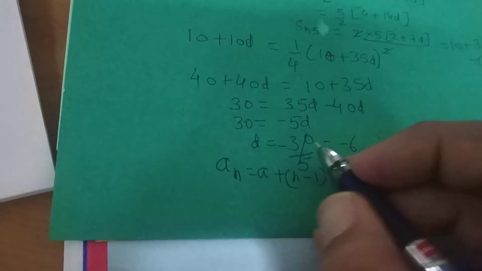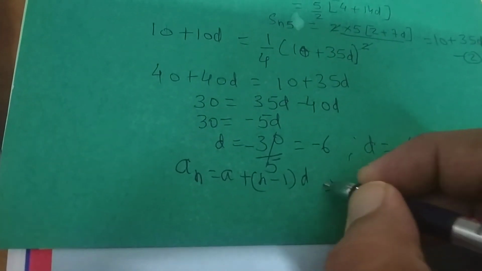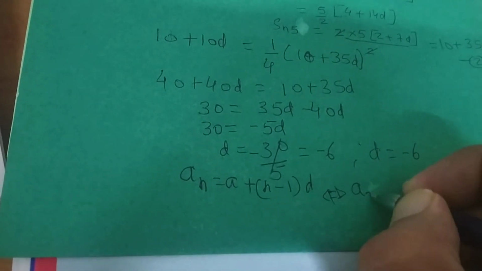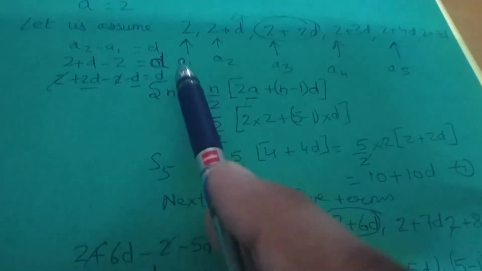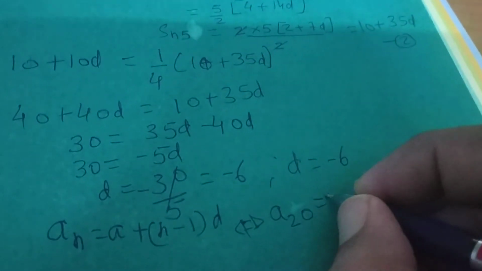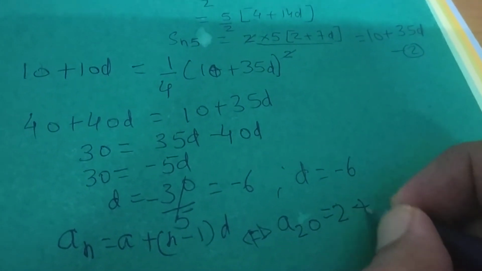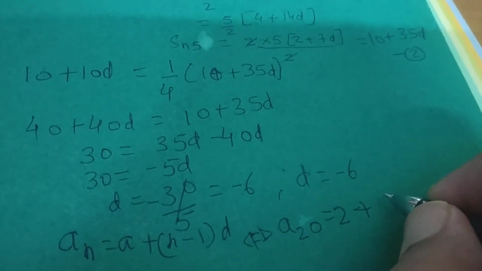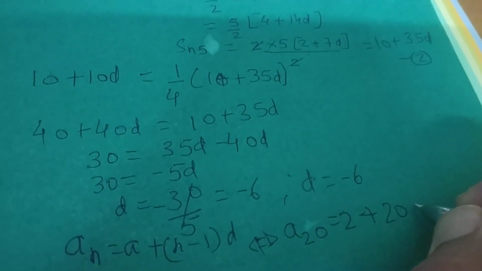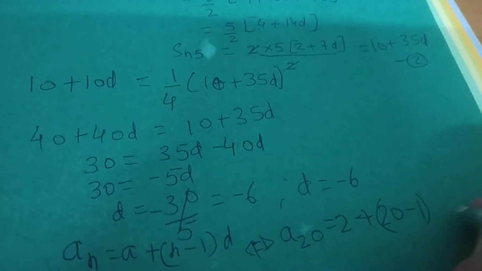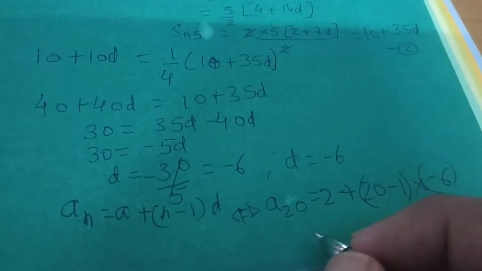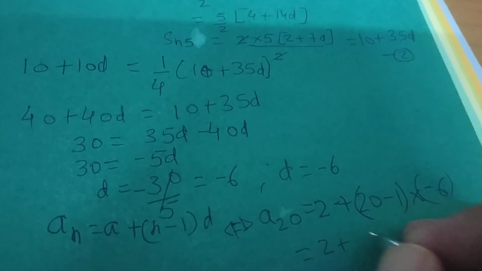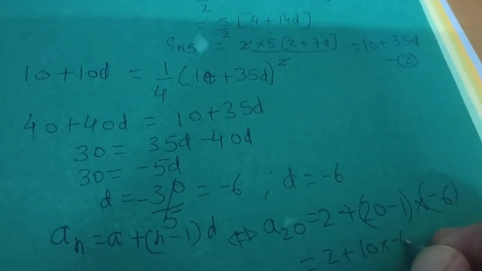The first term is 2, because we had to write from the start. So 2 plus n minus 1, which is 20 minus 1, and d is minus 6.